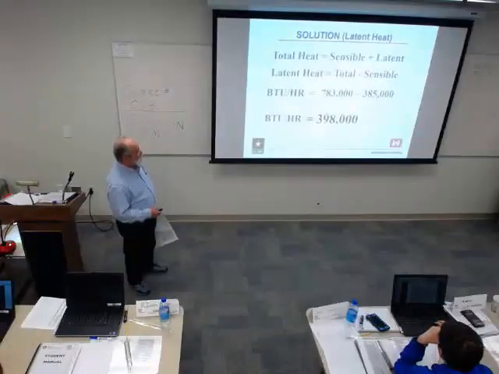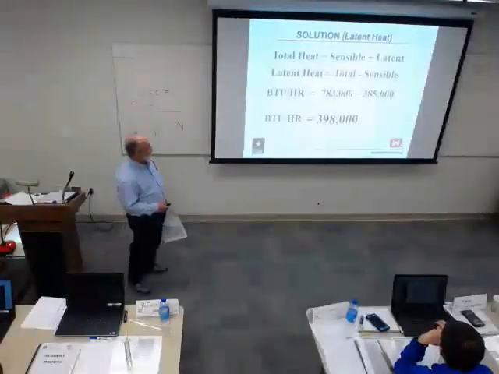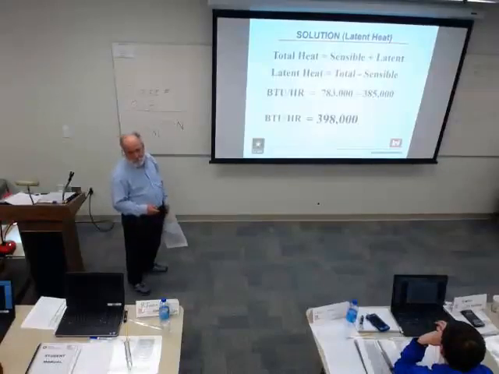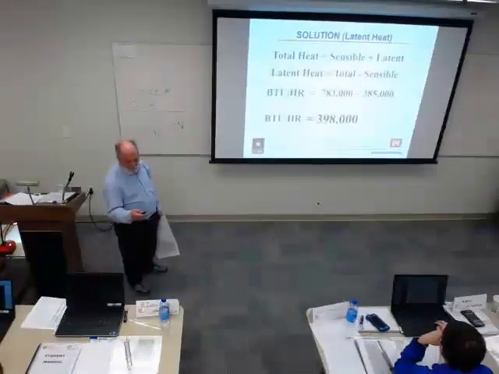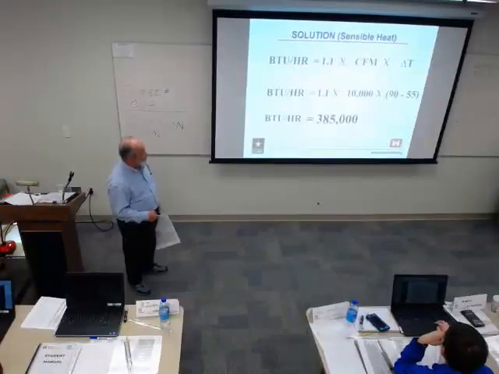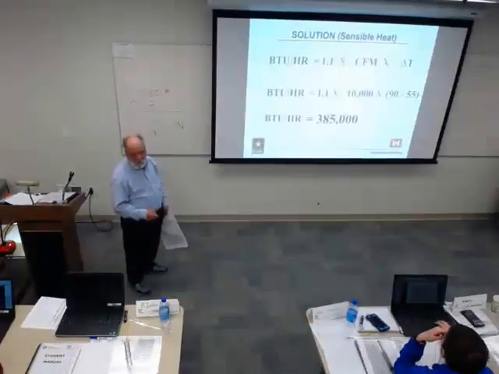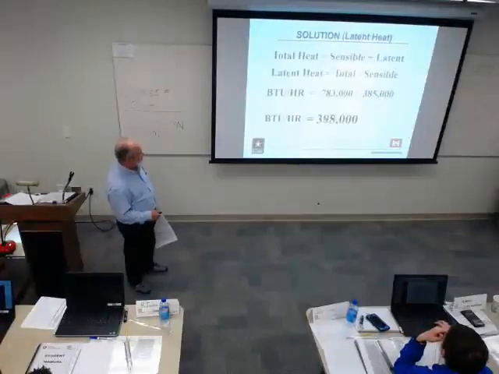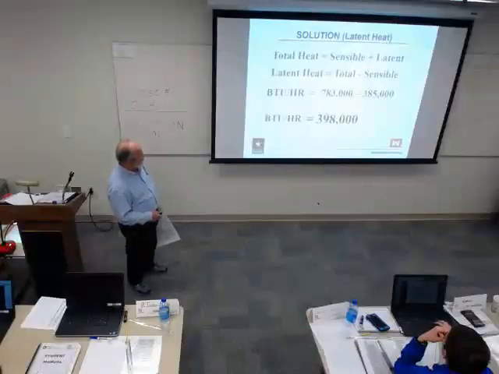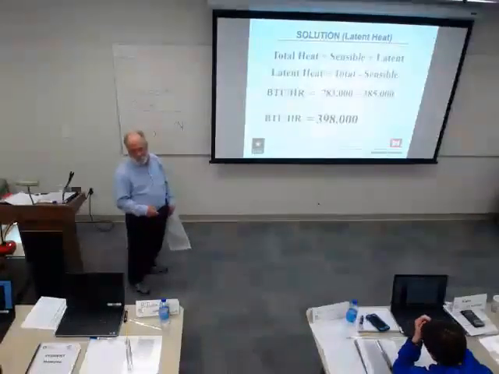So what we can do now is subtract the sensible heat from the total heat, and that gives us the latent. Because remember, we figured out the total. That one right there. Now we did the sensible, and we'll subtract, and we'll know what the latent heat is. So we ended up with 398,000 BTUs per hour latent.